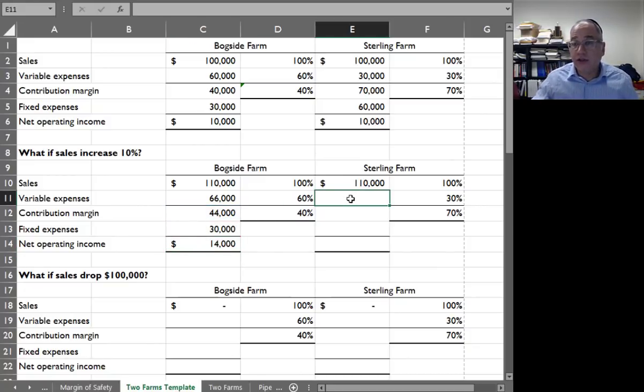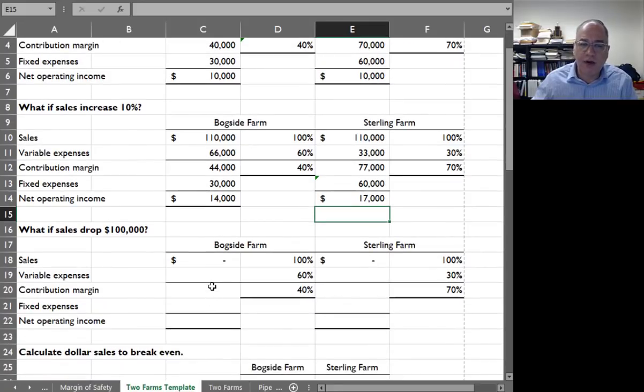It would be higher. Sterling Farm, on the other hand, is only going to have variable expenses of 33,000, so it's going to have a very nice contribution margin of 77,000. However, fixed expenses will remain at 60,000, and therefore net operating income is going to be $17,000.